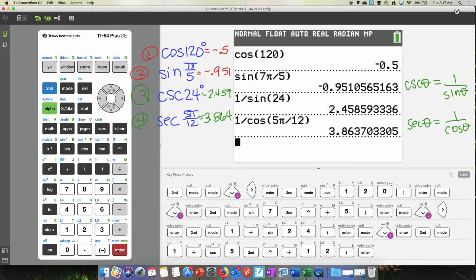I didn't think I could squeeze all 4 decimal places, but yeah, 4 decimal places when we're doing our trig functions. Okay. If I asked you for cotangent, what would you put in your calculator? 1 divided by tangent.